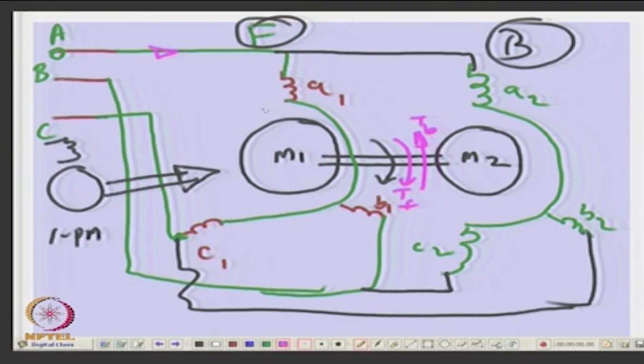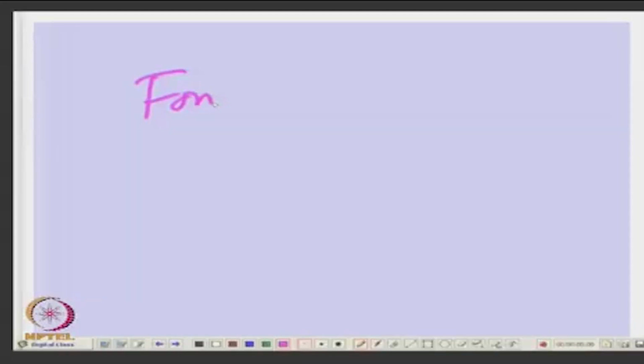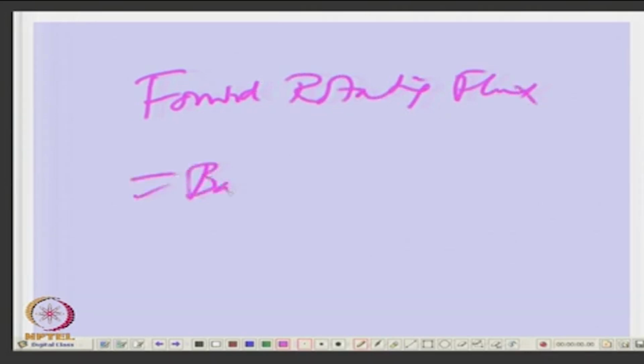One will produce a forward flux, the other will produce a backward flux in the air gap. These fluxes are the same, forward rotating flux equal to backward rotating flux. That is how it was analyzed.